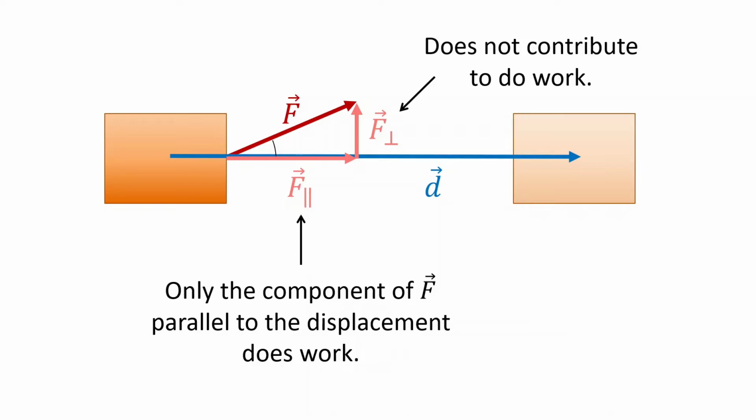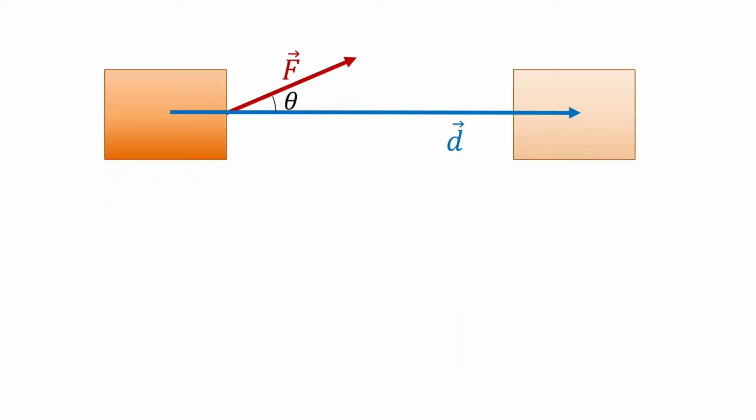The component perpendicular to the displacement will not contribute to do work on the object. As a consequence of this, we can then forget about the component of the force that is perpendicular to the displacement.